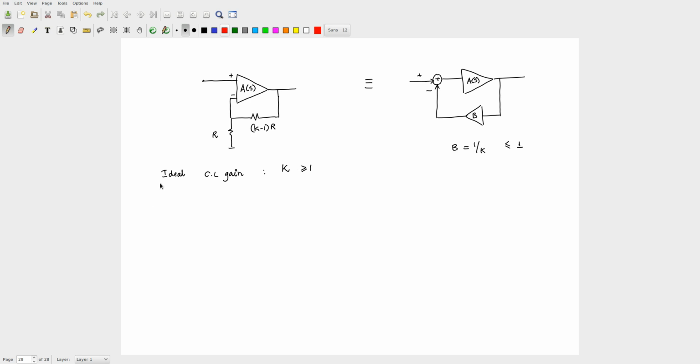Okay. Now, go back to what we discussed earlier. Is the closed loop amplifier more likely to be stable for high or low values of A naught by K?